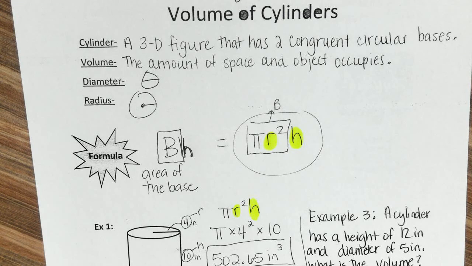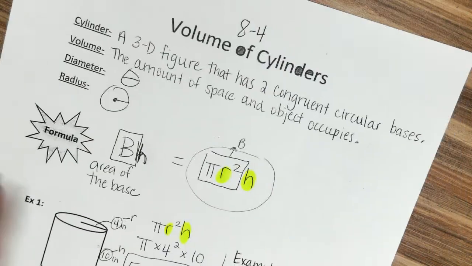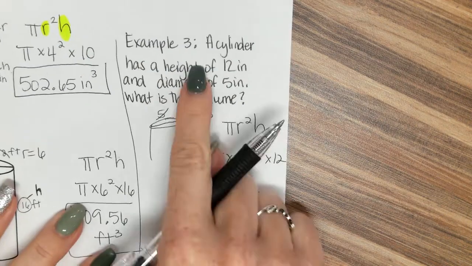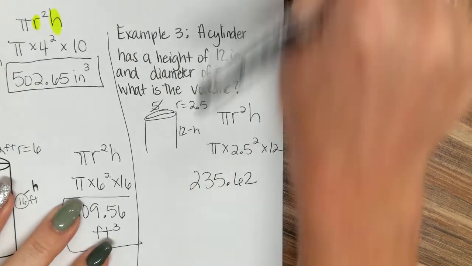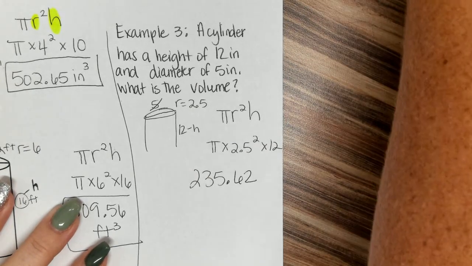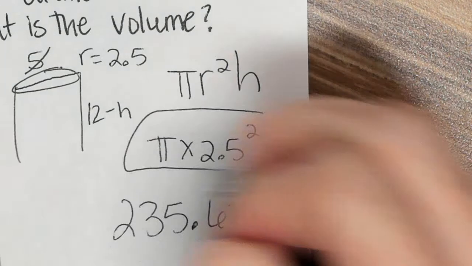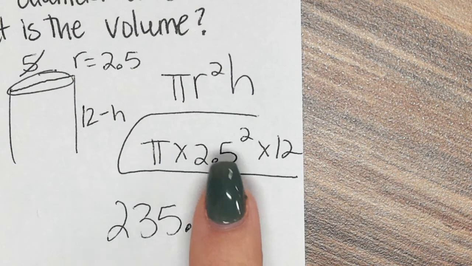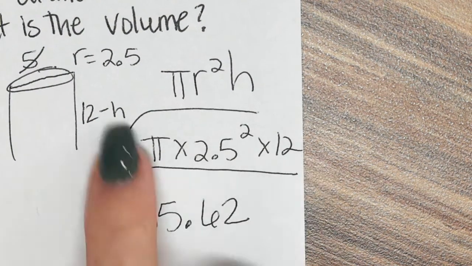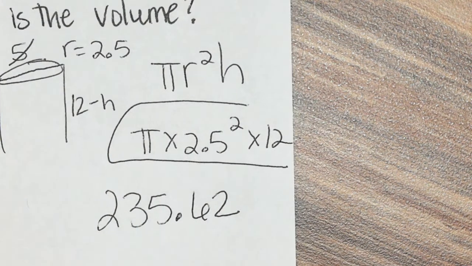The next thing I want you to know, are y'all listening? Sometimes on the STAR test, they give you a question like this, but they don't ask you to solve it. They ask you to set it up. So all you would do is put this answer. Could you rearrange the numbers? Yes. What's 2 times 3? 6.